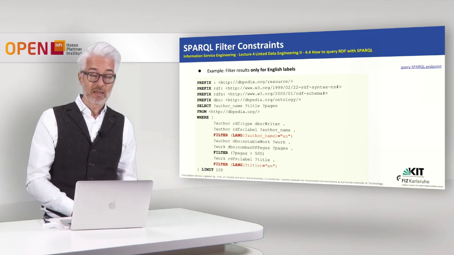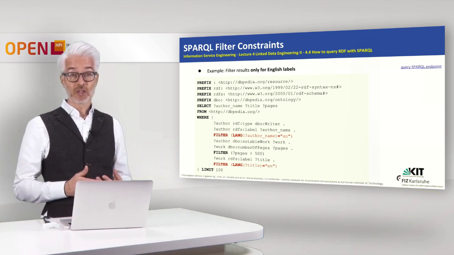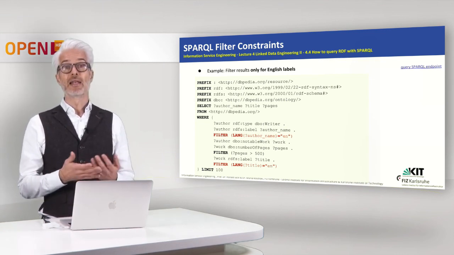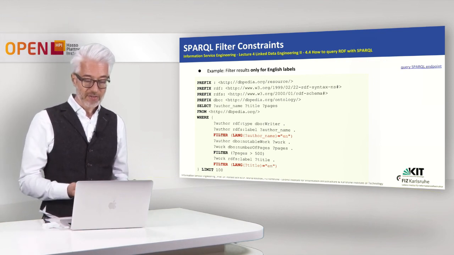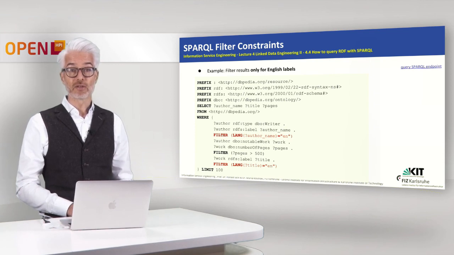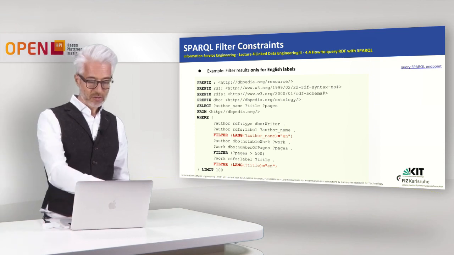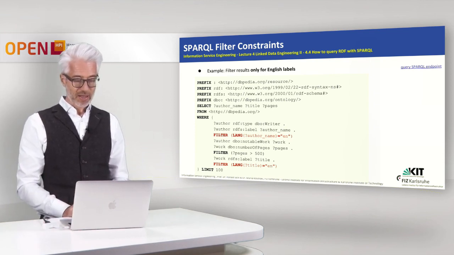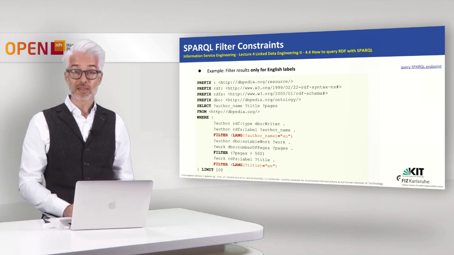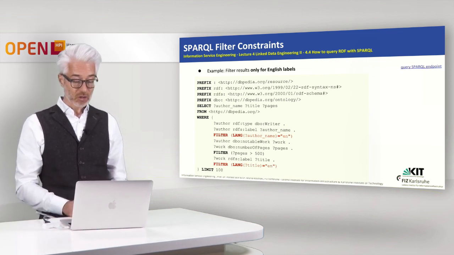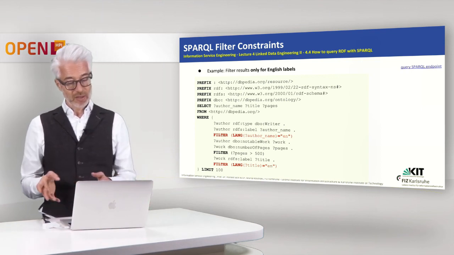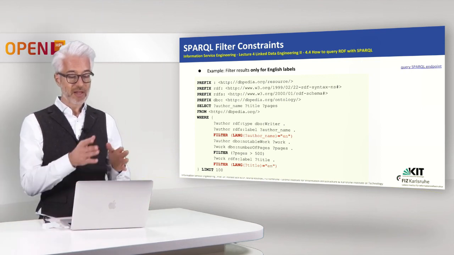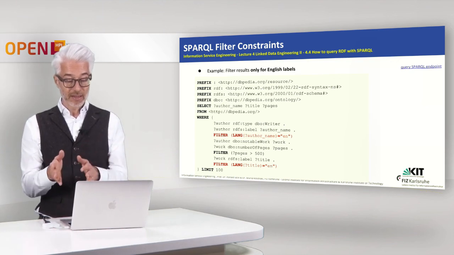Let's stay with the example where we filter for a specific language, and here we only want labels in the English language. So you see I have added two additional filter constraints. One filter constraint is placed where the author name is extracted, and we say the author name should be filtered, and only author names for which the language is English should be in the result.